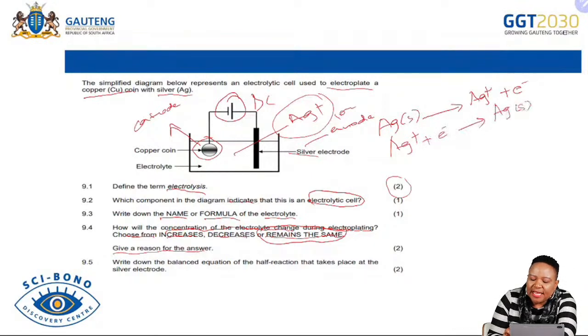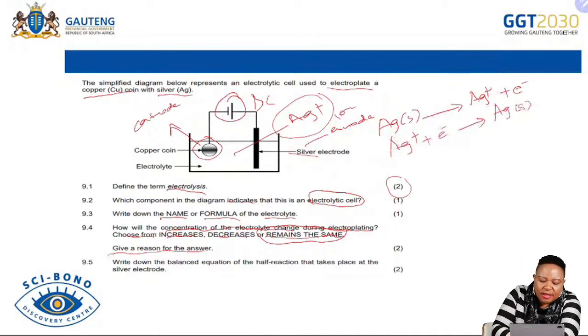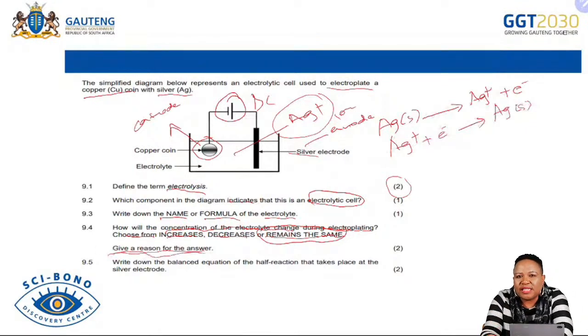So you can see that in both half reactions, silver ions are present, showing that the rate of oxidation is equal to the rate of reduction. As we are using up silver ions, we are also producing them.